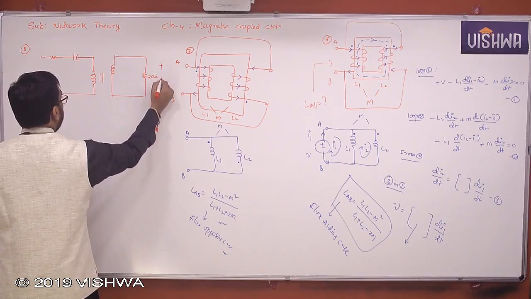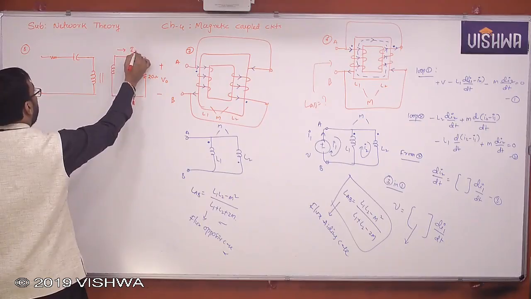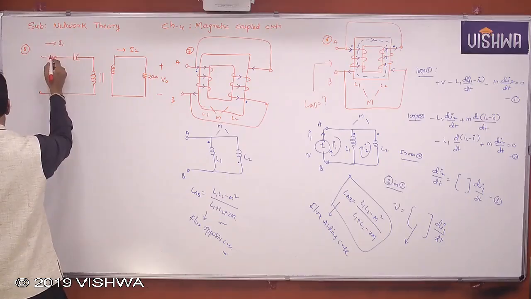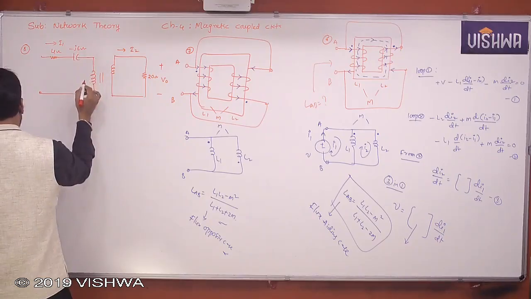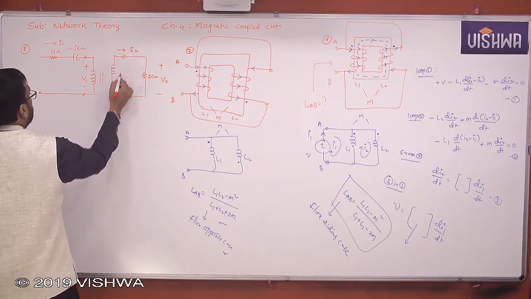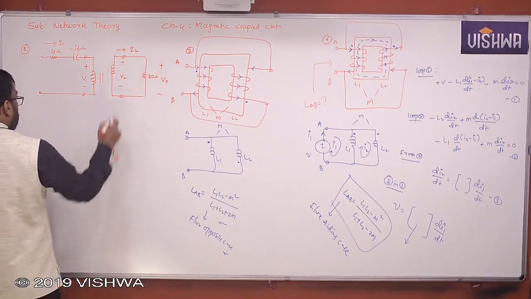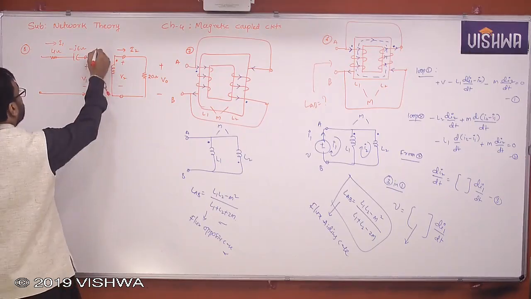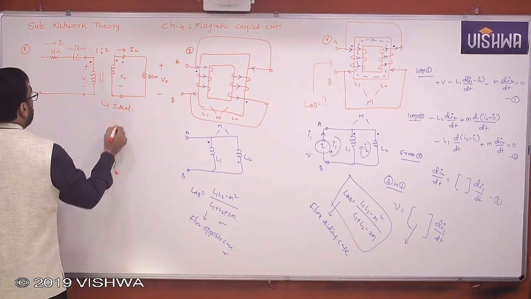You are expected to find V naught here. This is I2. This is I1. 4 ohm, minus J6 ohm, plus minus V1, plus minus V2. Dots are here given already. The ratio is given 1:2. It's an ideal transformer, clearly mentioned.